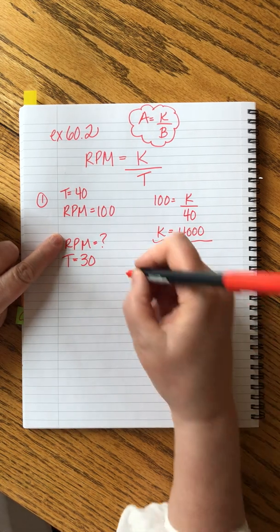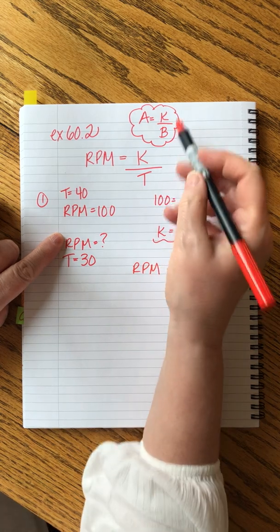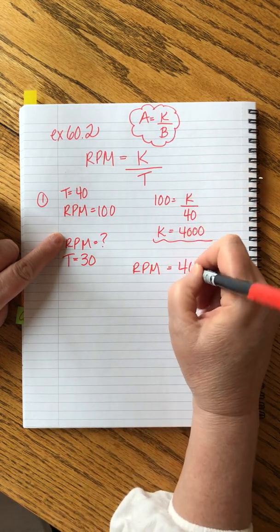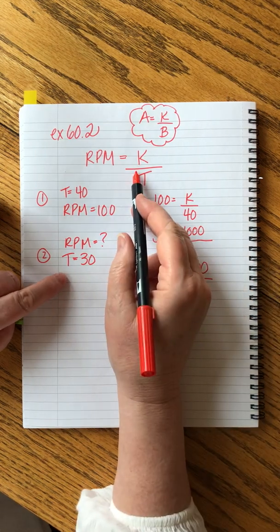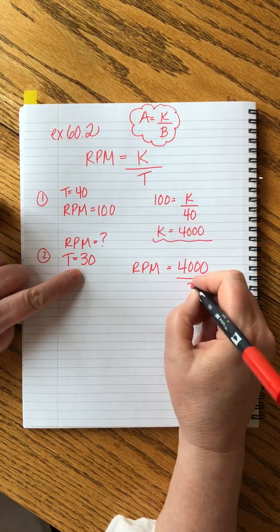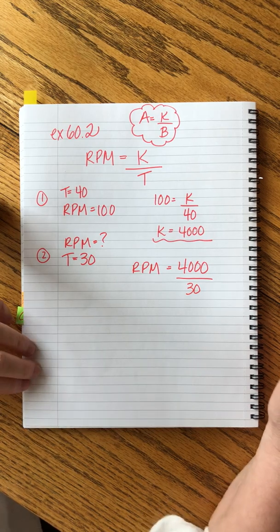Ready? Now we're down here. We're solving for RPM, and it equals k, 4,000 over, I'm using my specific one, 30. All right.